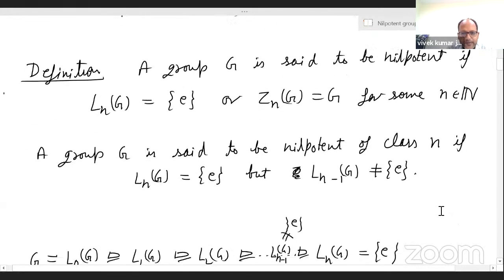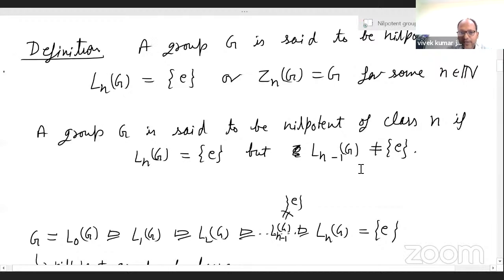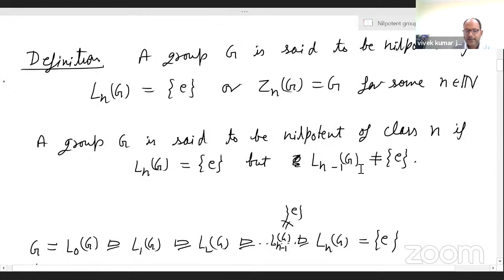And there was another definition. A group G is called nilpotent of class n if LnG is equal to the trivial group but Ln-1G is not trivial. Here we have actually taken n belonging to the natural numbers, so we have nilpotent groups of class 1, class 2 and so on.